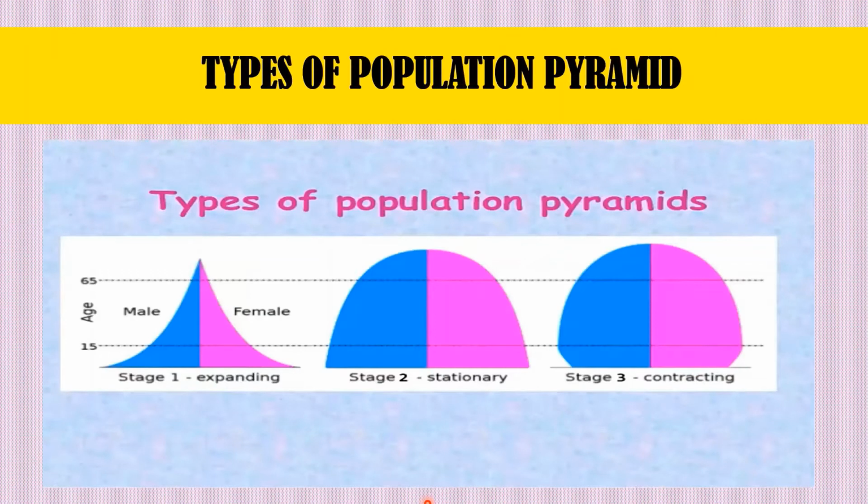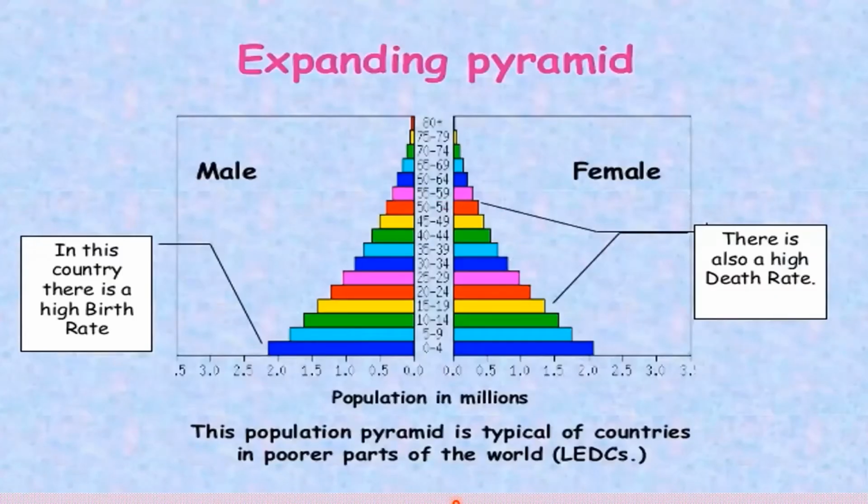The types of population pyramids: number one is expanding, number two is stationary, and number three is contracting. What is an expanding pyramid? Expanding population pyramids represent populations in which the younger group, that is 0 to 14, has a great population.